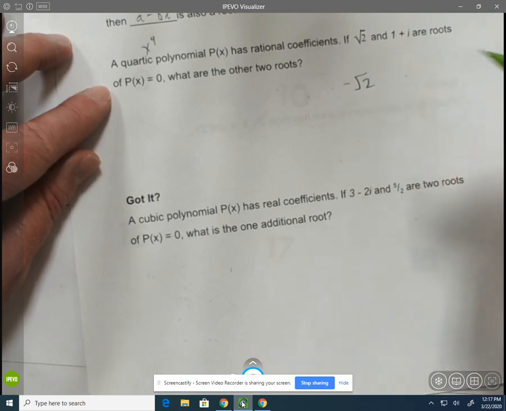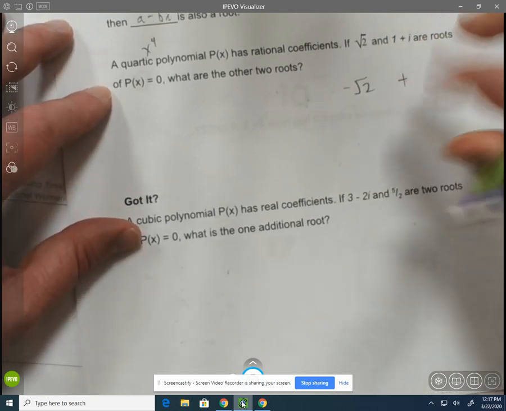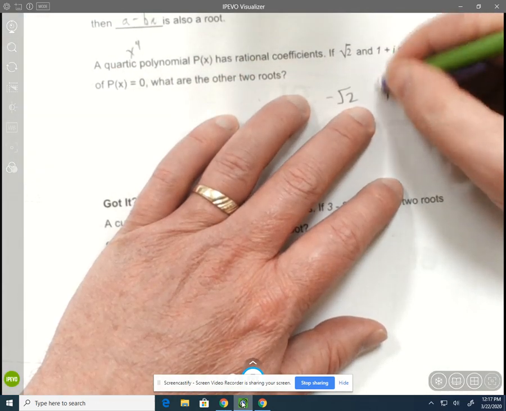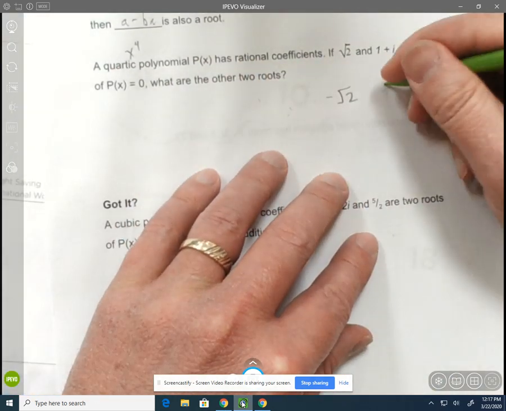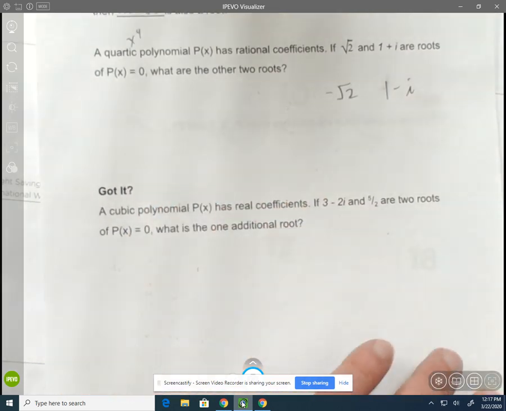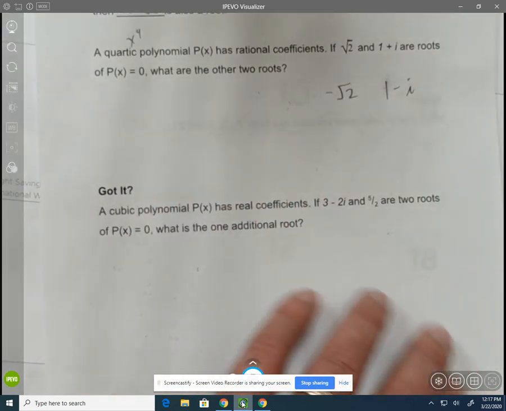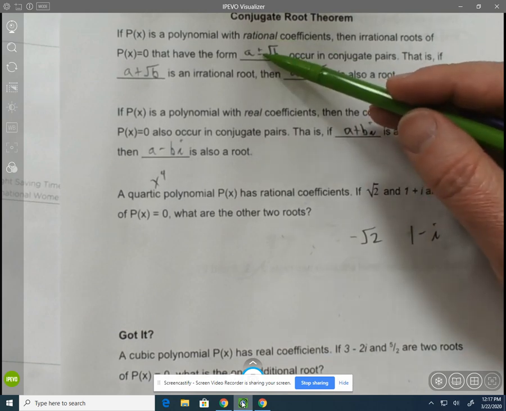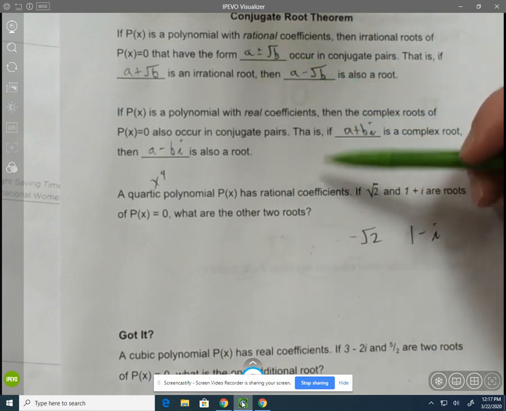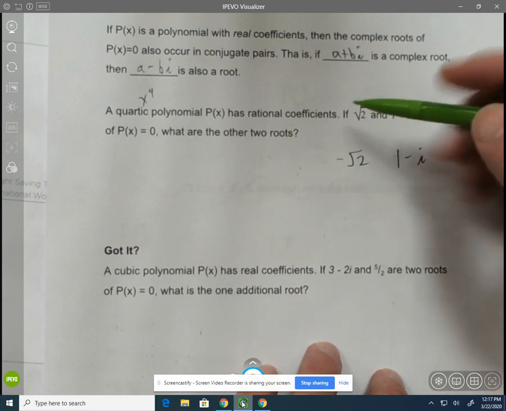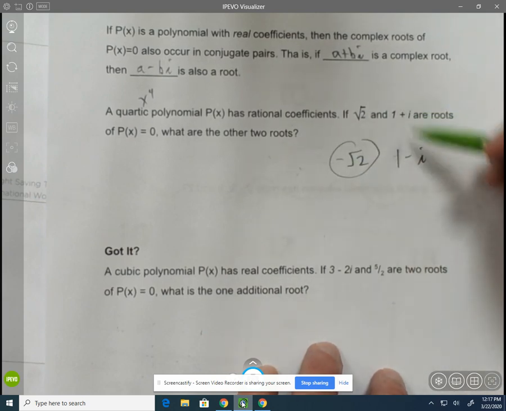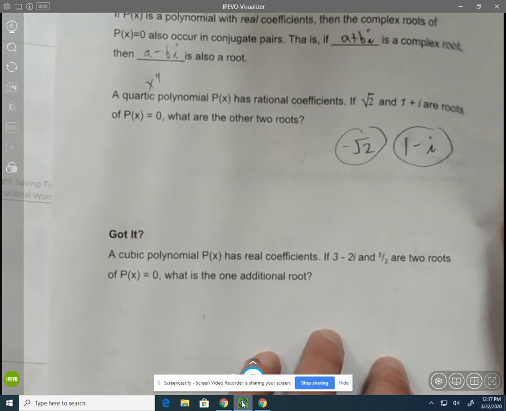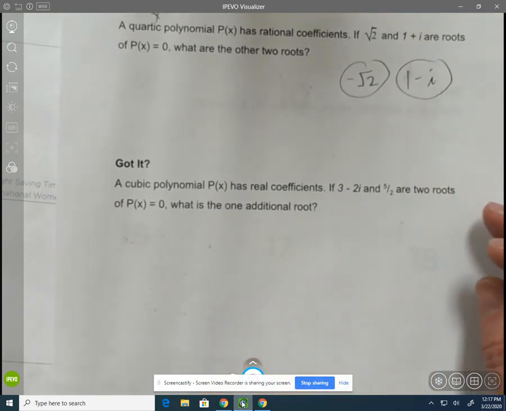And if 1 plus i is one of the roots, then 1 minus i is another one of those roots. Okay, that's all this is saying, that if we remember that these things come in pairs of a plus and a minus, then once I have this one, I've got its partner. And once I have this one, I've got its partner. I don't need to do any synthetic division or anything else.